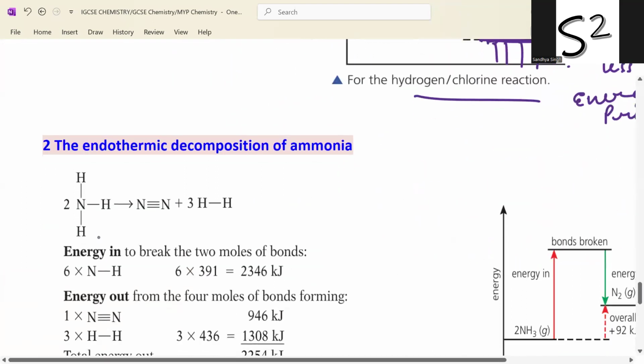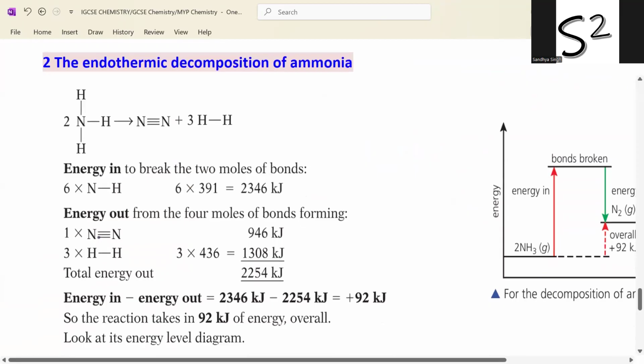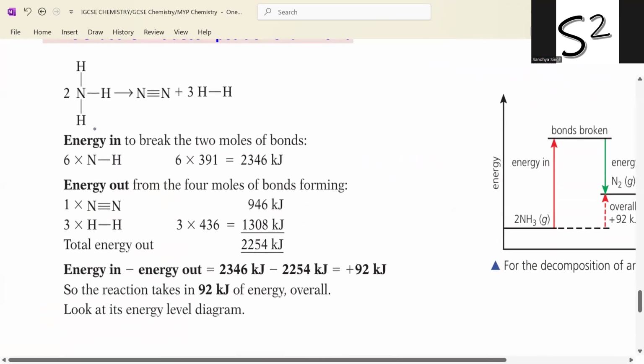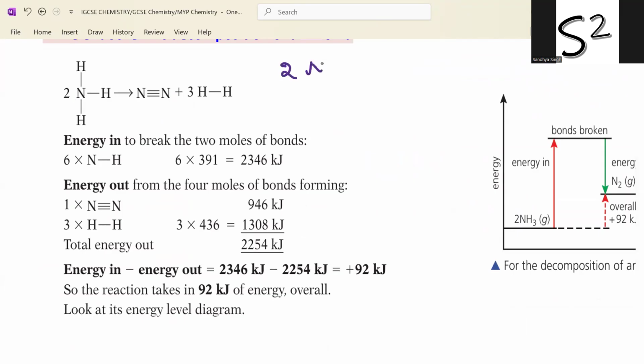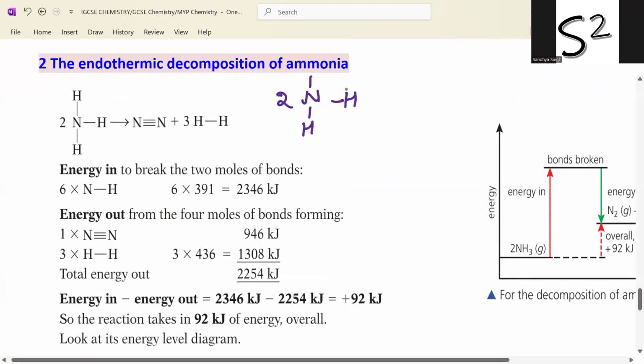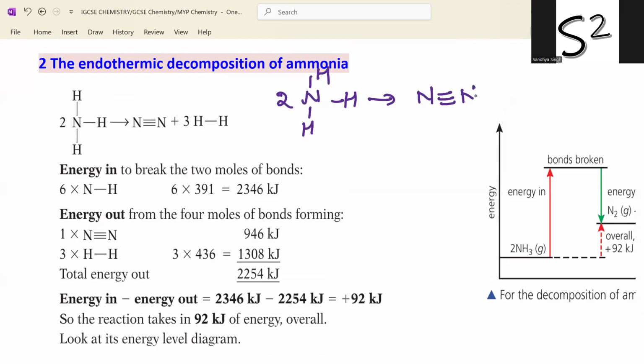Let's see the example of endothermic decomposition of ammonia. Let's calculate whether the reaction is exothermic or endothermic. See, the decomposition of ammonia: 2NH3, 2 moles of ammonia, gives 1 nitrogen molecule and 3 hydrogen molecules.